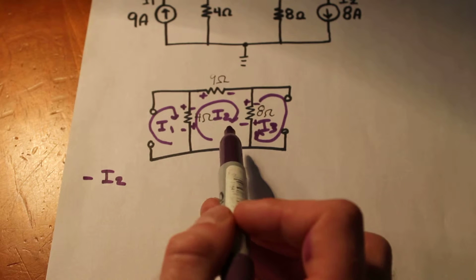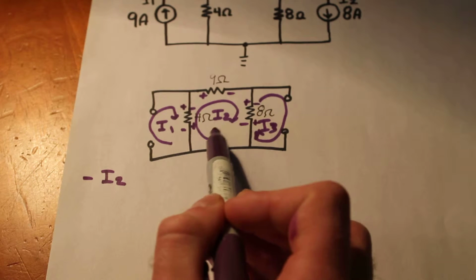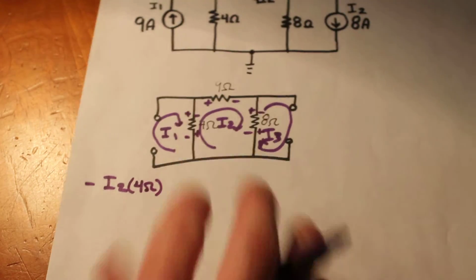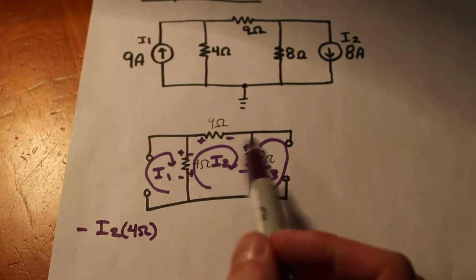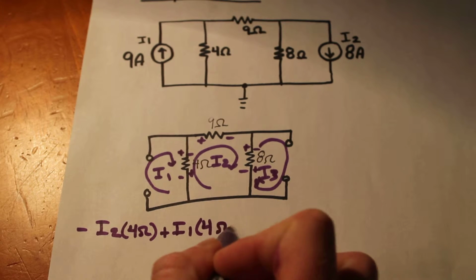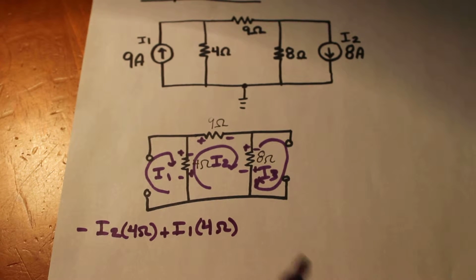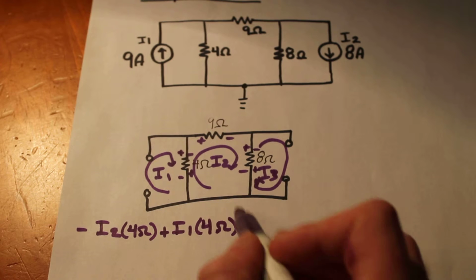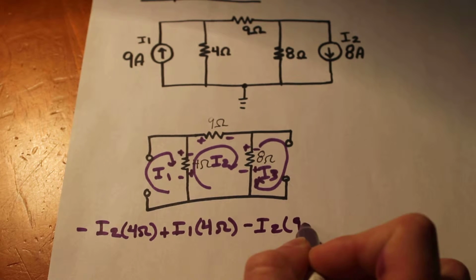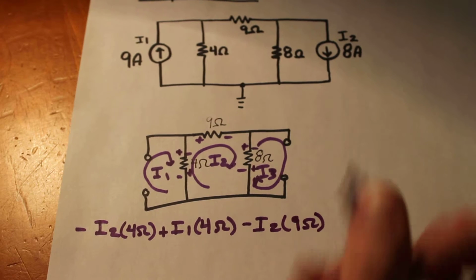We'll evaluate it the way we normally would. We'll have I2 times 4 ohms right here, plus I1 times 4 ohms, and this is the only association that I1 has with this formula. Now we'll continue around the loop. We have minus I2 times 9 ohms.